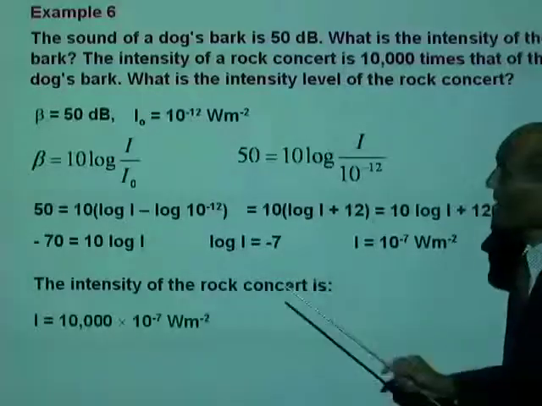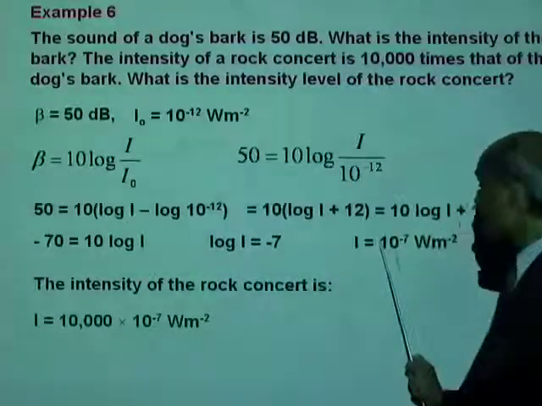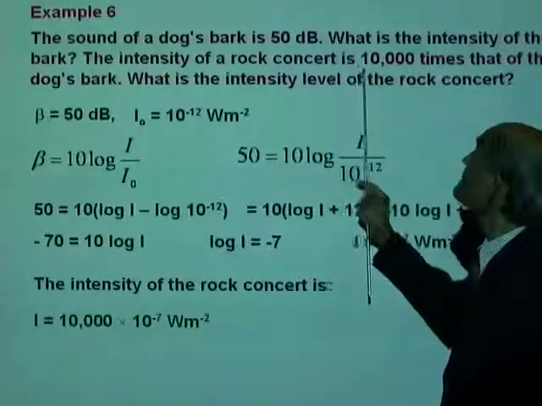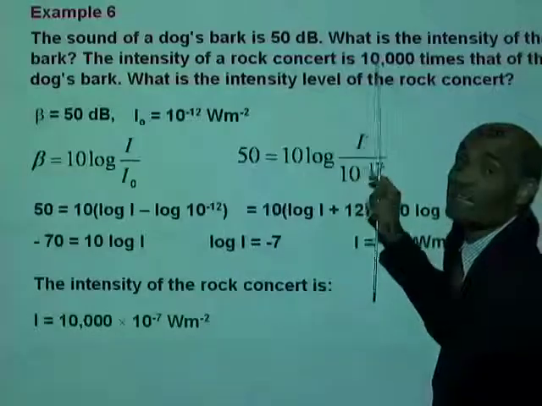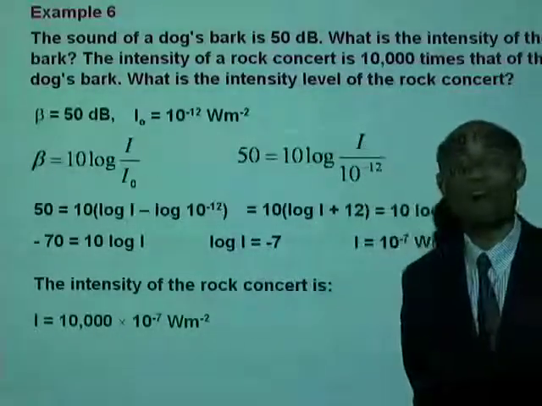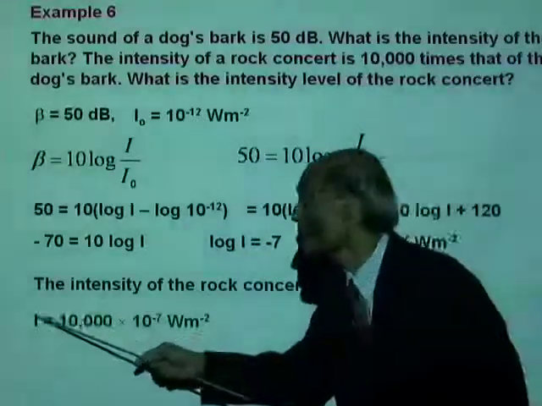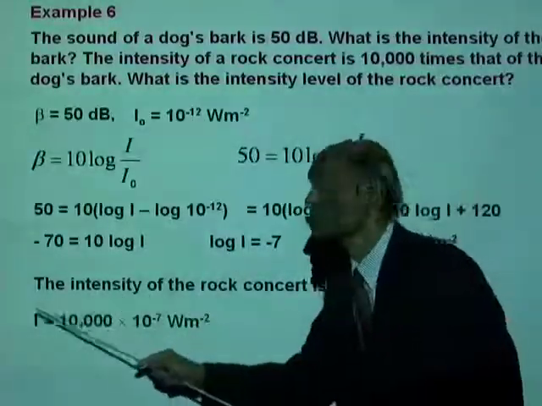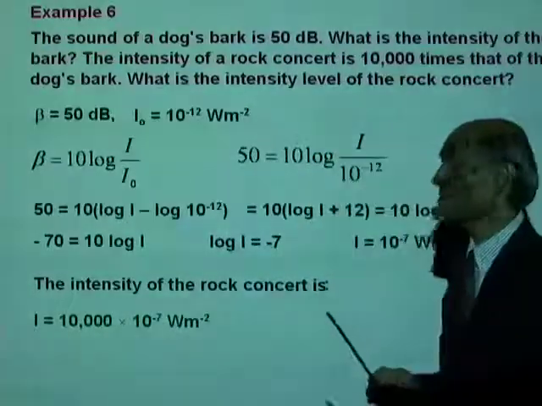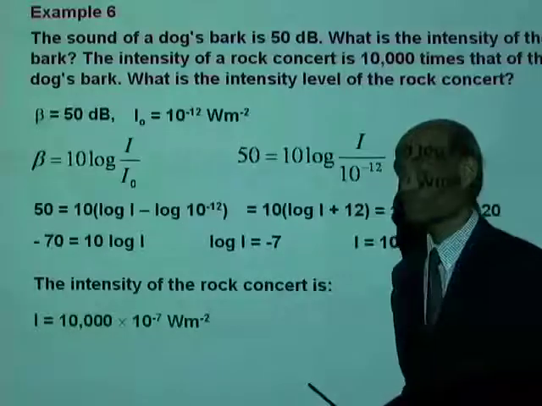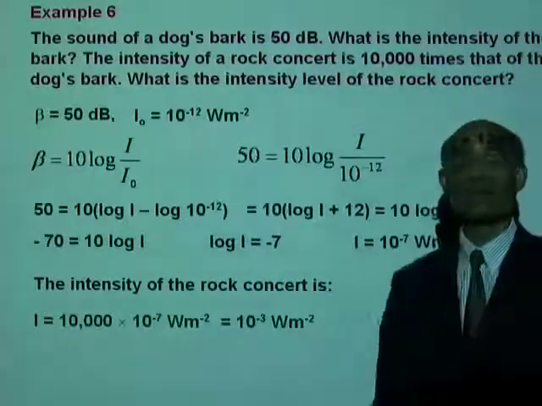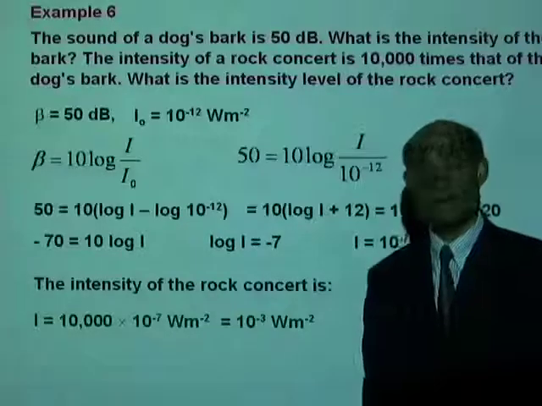And now, if this is the intensity of the barking of the dog, what is the intensity of the rock concert? It is 10,000 times the intensity of the dog's bark. So the intensity of the rock concert is 10,000 times 10 to the power of negative 7. What is that equal to? That will be 10 to the power of negative 3 watt per square meter.